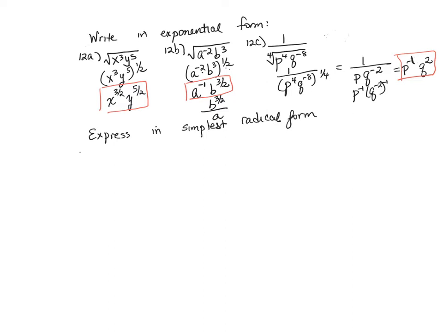All right, so I'm going to give these their own numbers. 13 is the cubed root of 4 times the cubed root of 4. 14 is the square root of 8 times the 6th root of 8. 15 is the cubed root of 4 divided by the 6th root of 2.